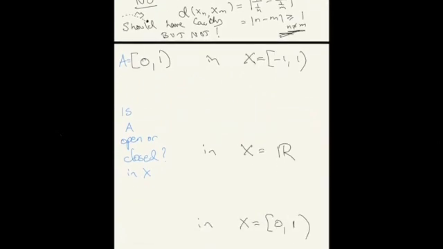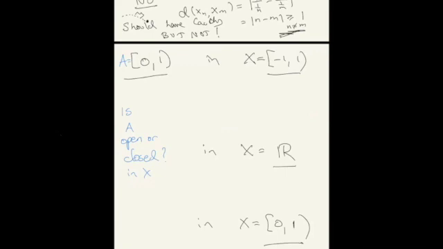Another way exactly how this context matters, and this is something I want to make clear, is that if you take the same set, then depending on what you're in, you can either be open or closed, and that depends completely on the context you're in.